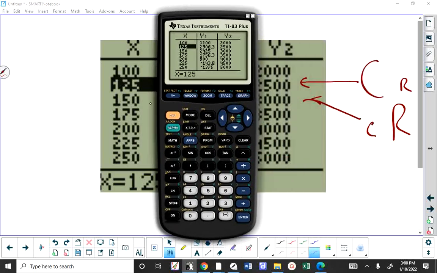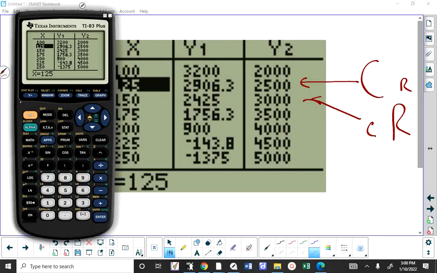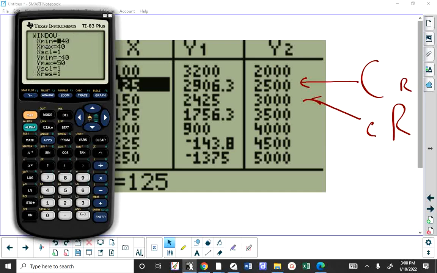That tells us we should be looking in our window settings up to about 150. It's going to intersect someplace in that domain of up to 150. How many of you might have just put 125 to 150? I think it's better to go to 0, but it doesn't really matter.